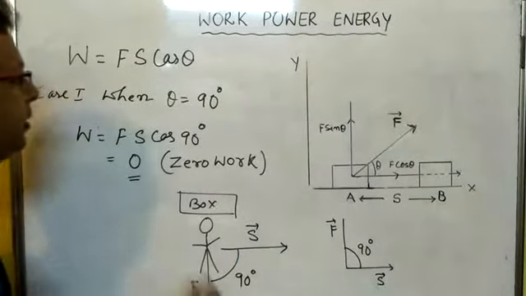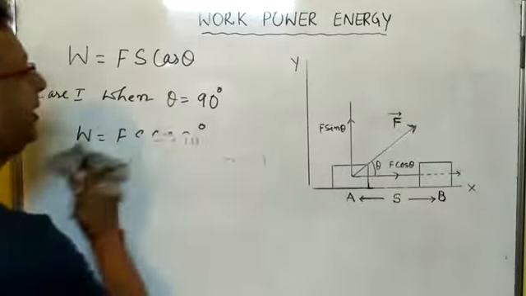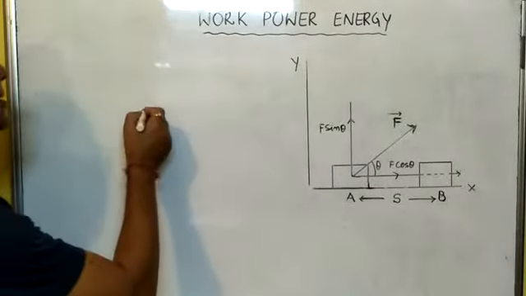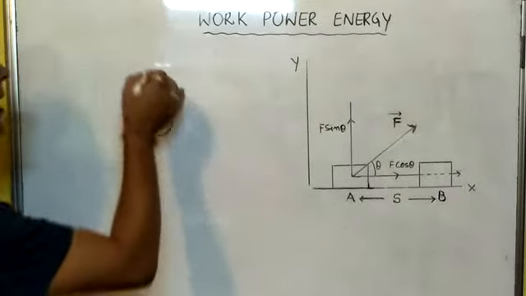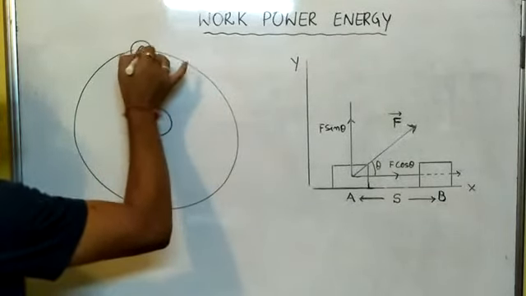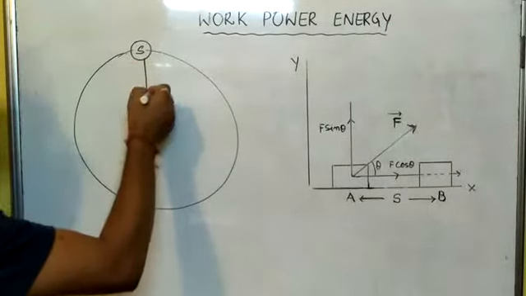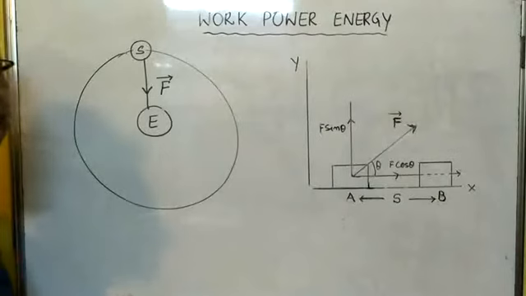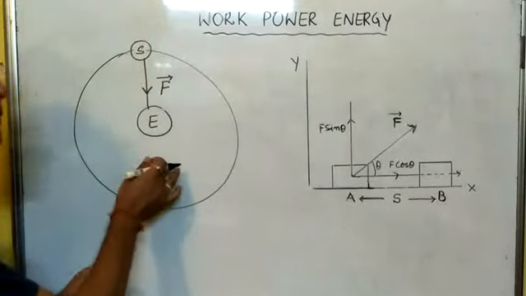Another very good example of 0 work, and this is very important: say this is the earth or the sun, and you have a satellite revolving around it. The satellite and the earth have a gravitational force of attraction between them.